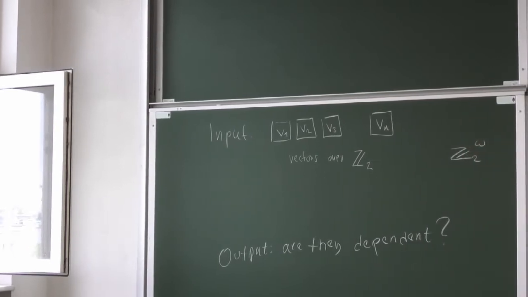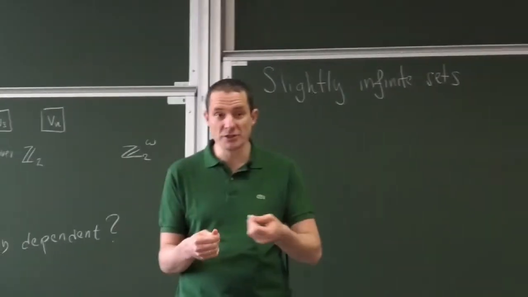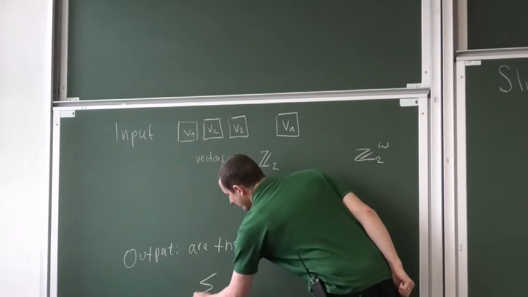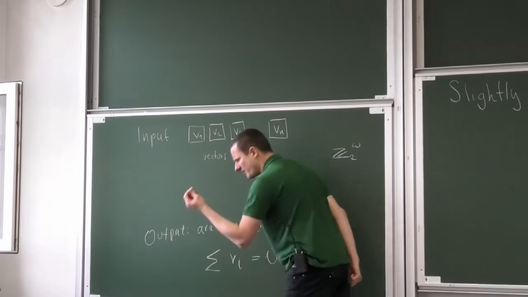So if this is the two-element field, there's no need for coefficients because coefficients are 0 or 1. So the question is, can you find a zero?